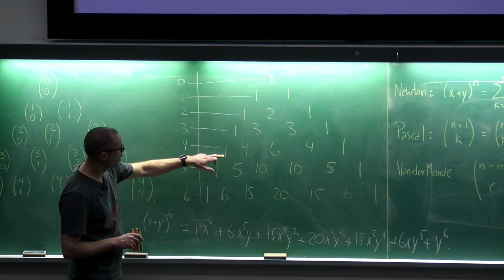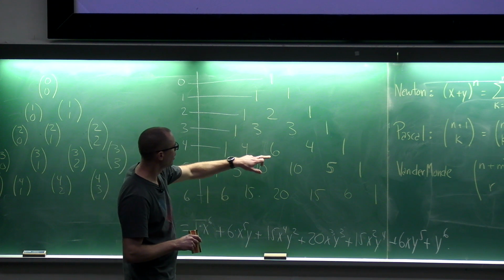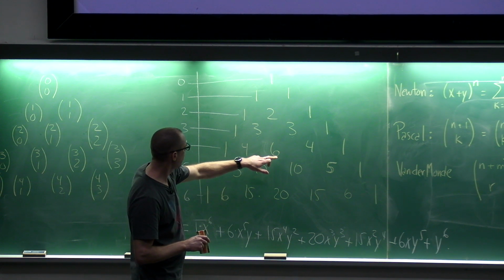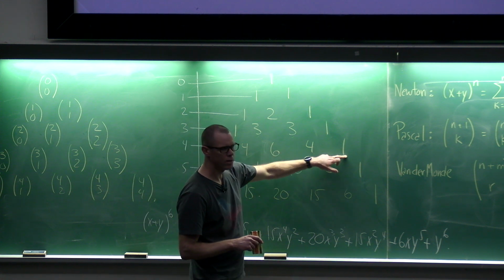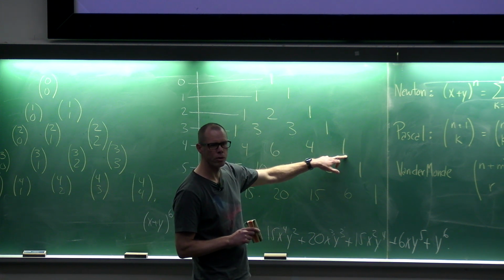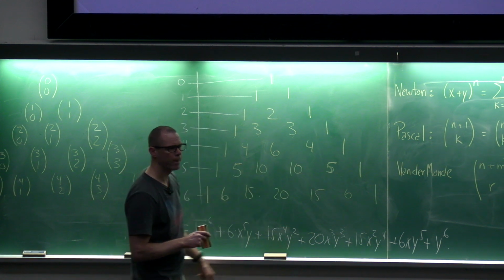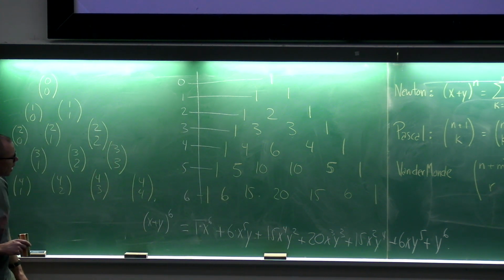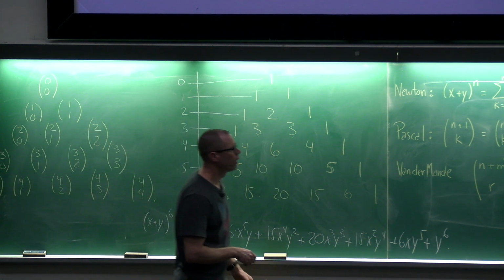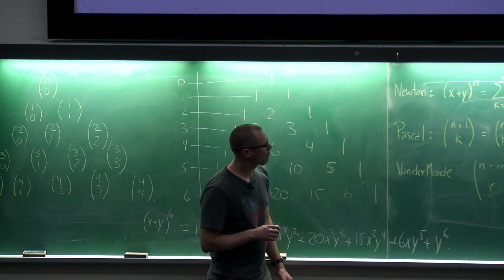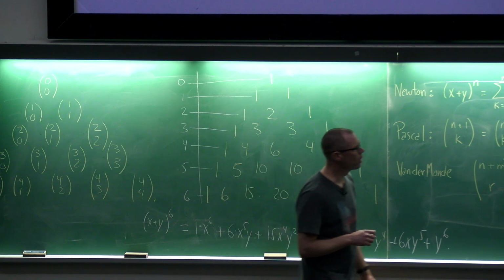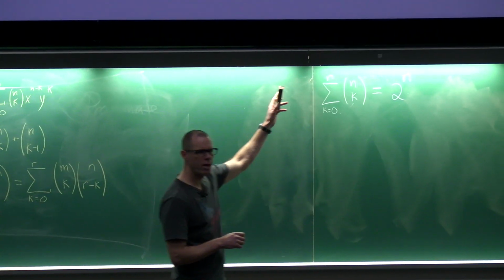Let's check it here. Here's row 4: 1, 5, 11, 15, 16. Indeed, 16 is 2 to the power 4. So it looks like it's true. How would you prove this? Anybody know how one could prove this thing?